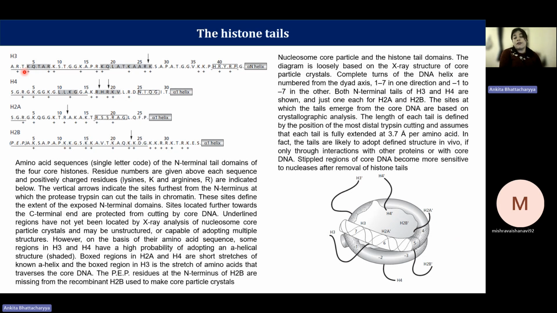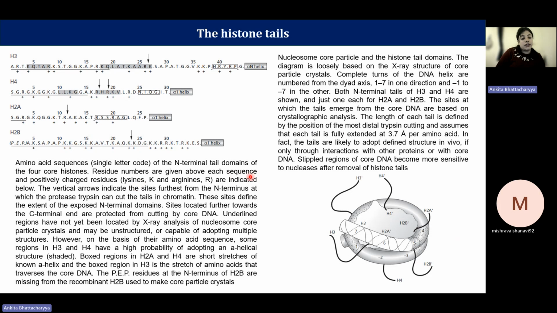And the significance of having a longer tail on that particular histone is that the longer the tail, the more probable that there can be modifications or alterations, or the more it can interact with something else and affect the way in which chromatin packaging is regulated locally in that region. So here you see the amino acid sequence of the N-terminal domains of the 4 core histones.